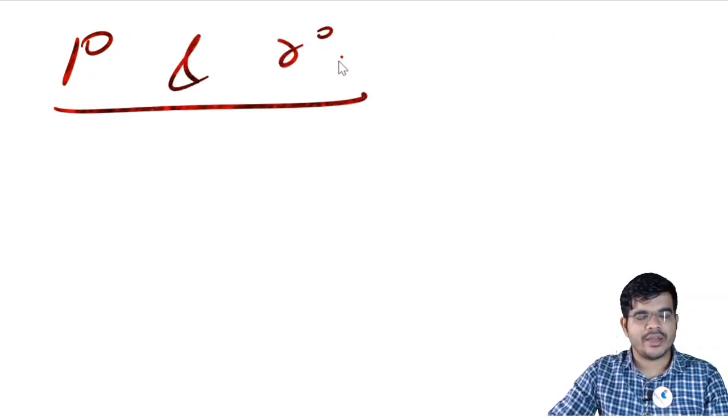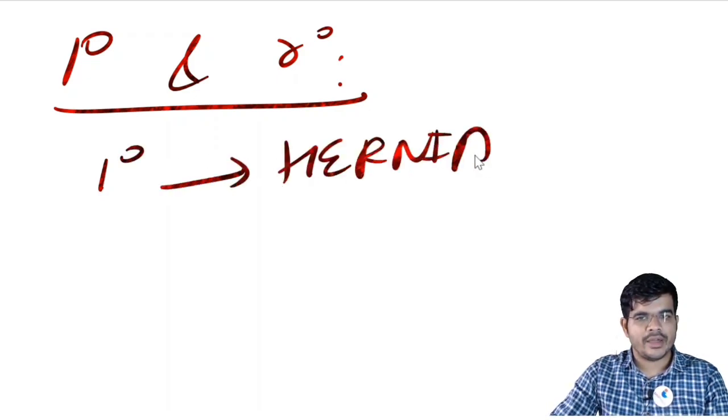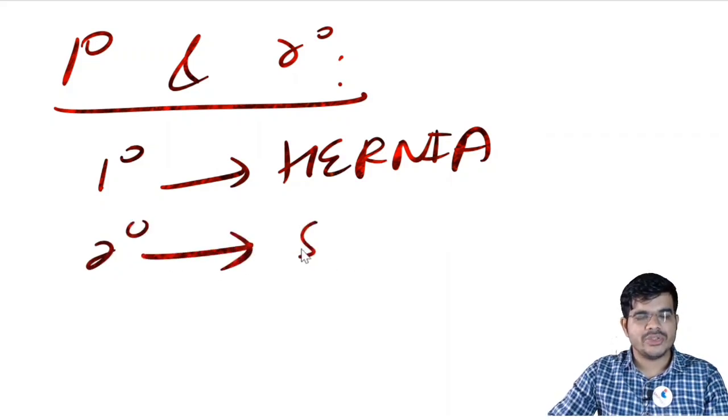So you have the primary and secondary atrophic rhinitis, and among the primary atrophic rhinitis you have the code that is HERNIA. Secondary atrophic rhinitis is due to some surgery in the nose.